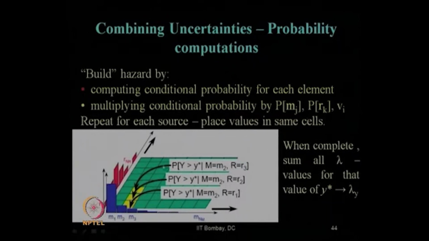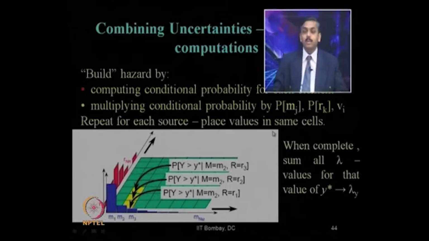Clear? Now, you have to repeat this process for each source and place the values in the same cell. When it is complete, the sum of all of them will give you that lambda value.